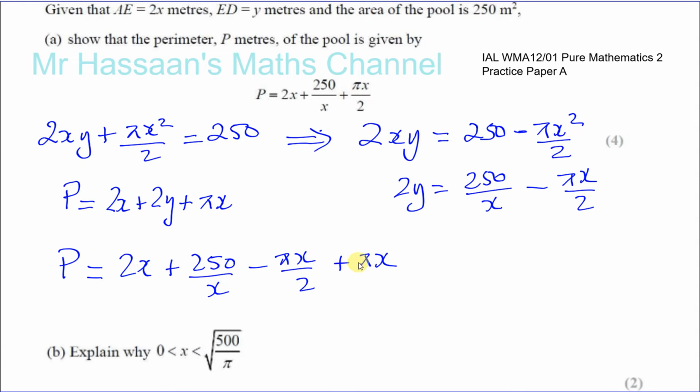That's like 1 minus a half, so it's like pi x over 2 positive. So therefore we can say perimeter is equal to 2x plus 250 over x plus pi x divided by 2, which is exactly what we had to prove. Okay, so that's how you deal with these type of questions.